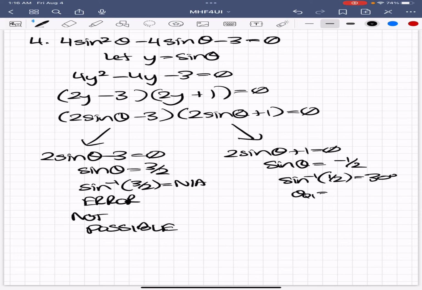Q1 stands for quadrant 1. Some people refer to it as the fake angle because it's not the angle we're looking for. We're looking for the angles in quadrants cos and tan.